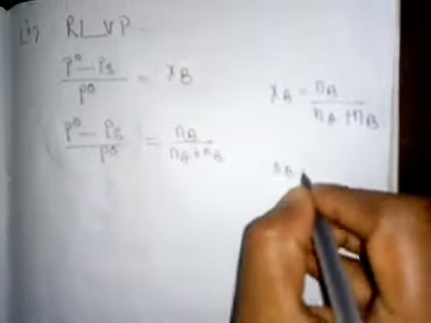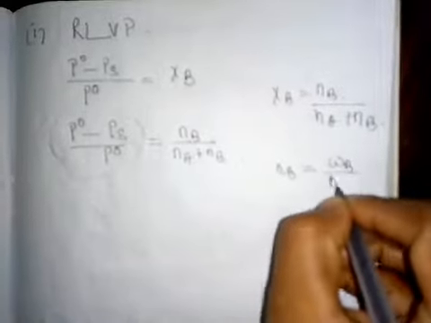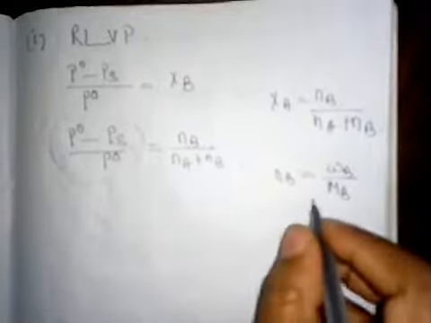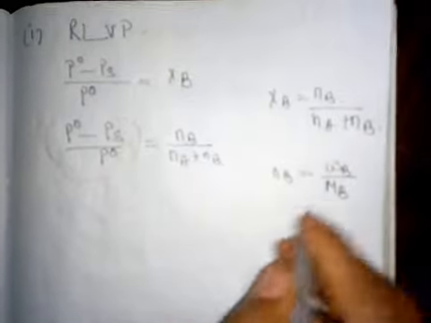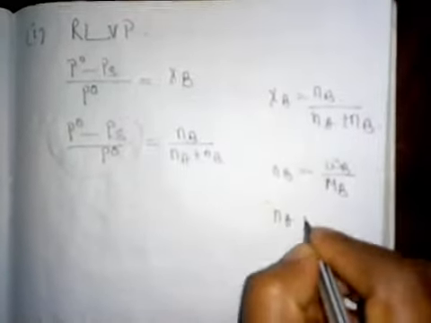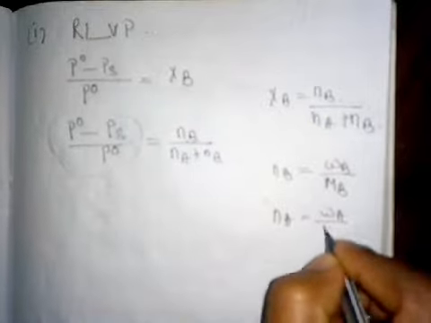Now Nb is equal to Wb by Mb. Number of moles is equal to weight of that component divided by molecular mass of that component. Na is equal to Wa by Ma.